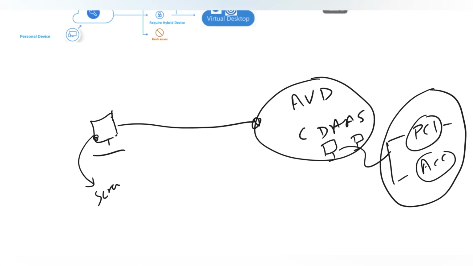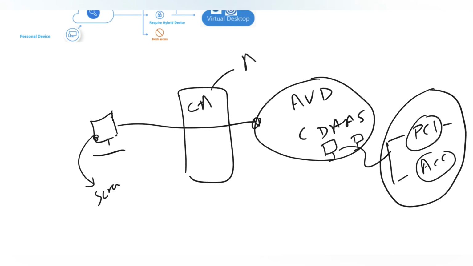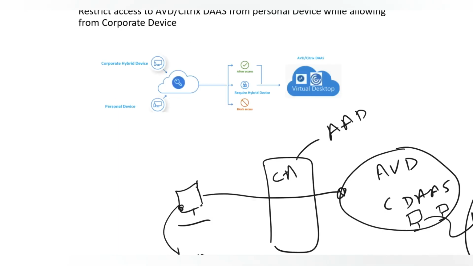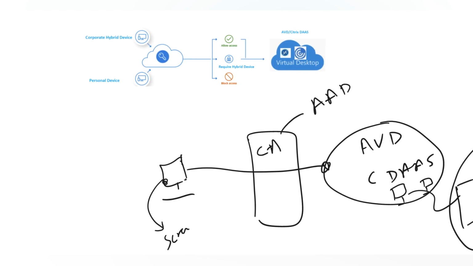By default, you do not have any option to restrict the user from accessing the VDI from a personal device. That is where conditional access policy, also called CA policy, which is part of Azure Active Directory, comes in. When the user is trying to access his AVD or Citrix Virtual Apps and Desktops, the conditional access policy first checks whether the device is hybrid AD joined or not.